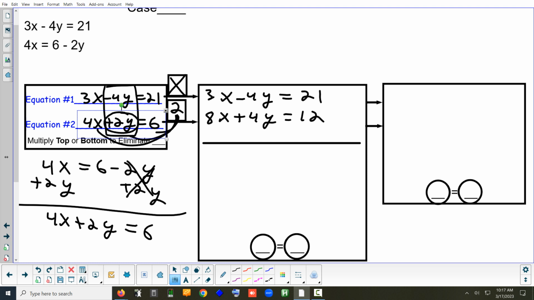Brady, what do I get when I add those up? 11x. Yep. So you want to add them all? Yeah, we'll do the whole thing. 11x, and then the y's cancel, 0.